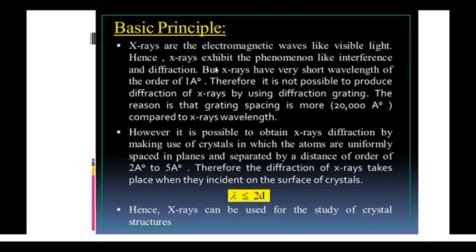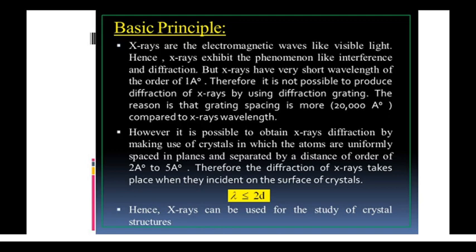So X-rays are electromagnetic waves like visible light, and X-rays exhibit phenomena like interference and diffraction. But X-rays have a very short wavelength. Therefore, it is not possible to produce diffraction of X-rays by using a diffraction grating.